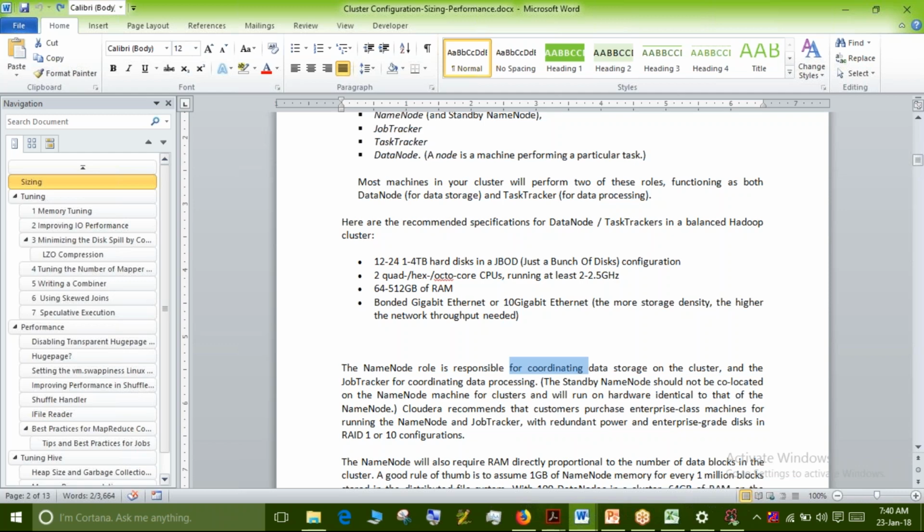So we expect name node and your job tracker to at least run on enterprise class machines because they are CPU and memory intensive applications, right? With redundant power and enterprise grade disks in RAID 1 or 10 configurations.